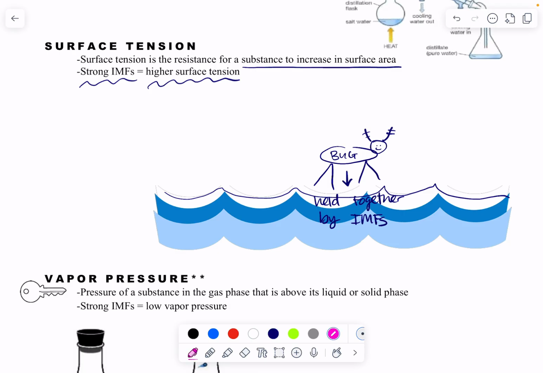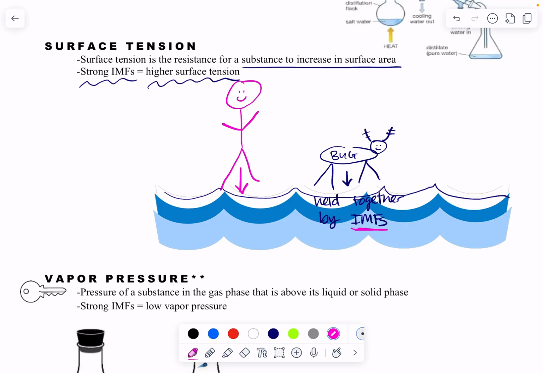However, if you take Mr. Payne, and again, I'm going to ruin this picture. Mr. Payne weighs a lot more than a bug. You should probably know that. And so the forces that I would exert on water are going to be orders of magnitude greater, and that's going to break those intermolecular forces because even though intermolecular forces can be strong, they're not as strong as chemical bonds.